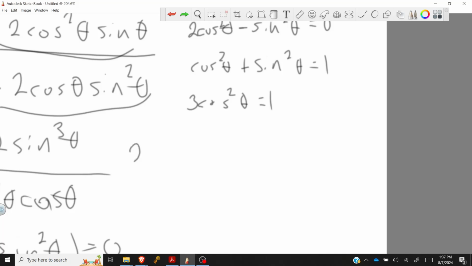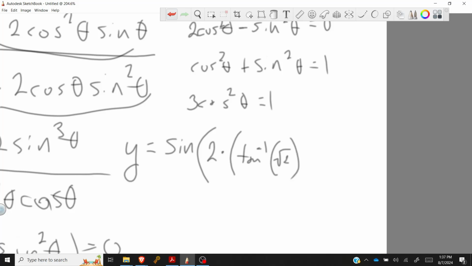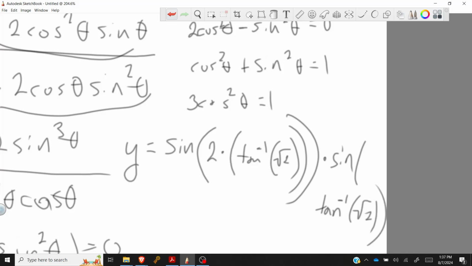But yeah, sorry to complicate things here. If you just do y equals sine of 2 times tan inverse of root 2 times sine of arctangent root 2, that will give you your answer here.